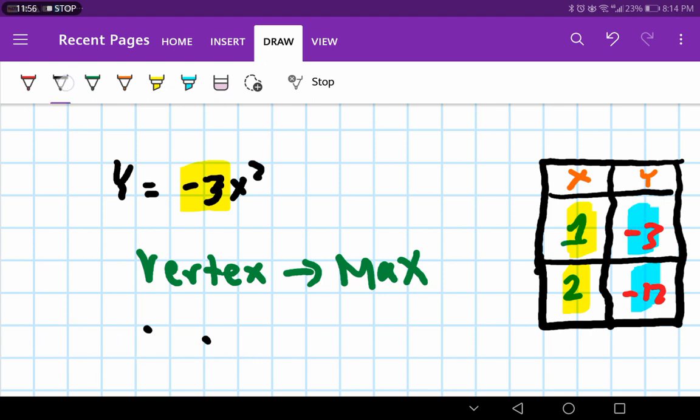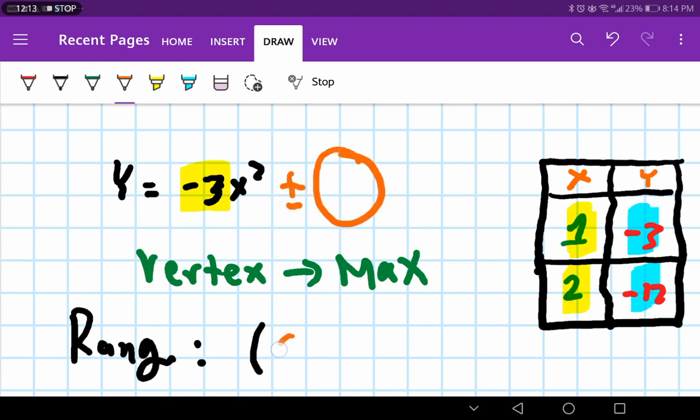Now the range, how can I find it from the quadratic? You don't have a positive or negative number added here, so it starts from 0. This is the first part. The second part, this coefficient is negative, so negative infinity.